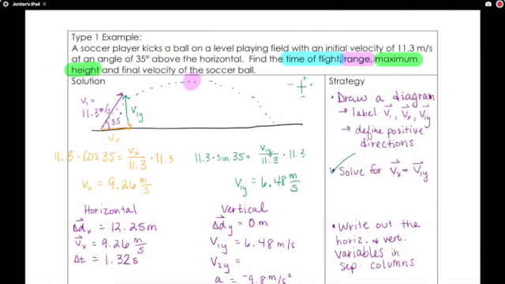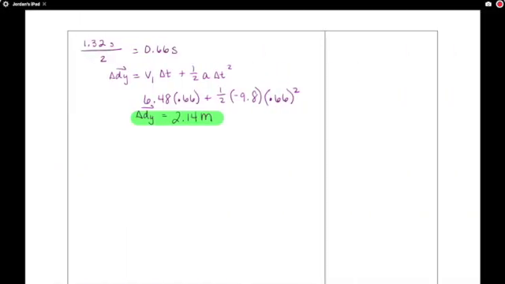So since our initial velocity was 11.3 meters per second, 35 degrees above the horizontal, our final velocity, V2, is going to equal 11.3 meters per second, and it's going to be 35 degrees below the horizontal.